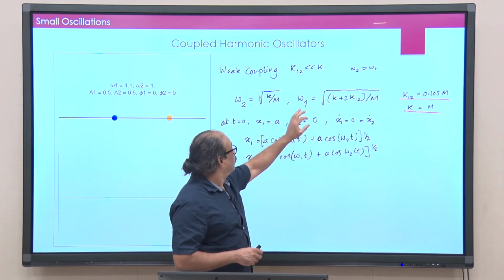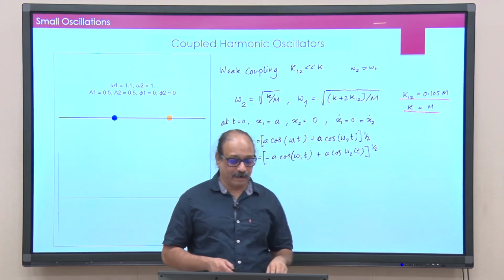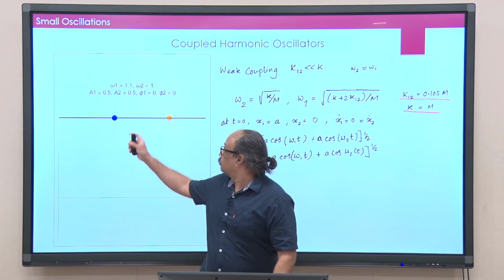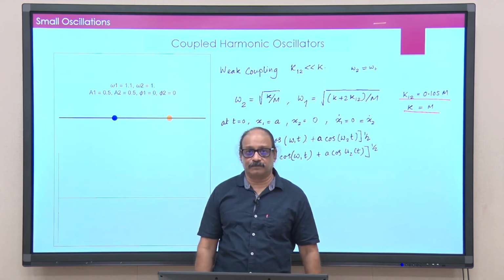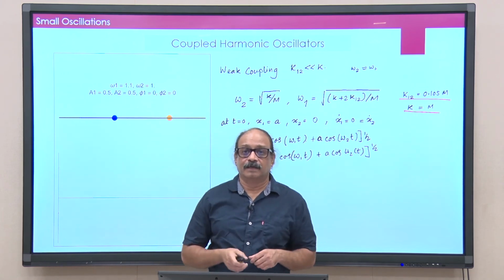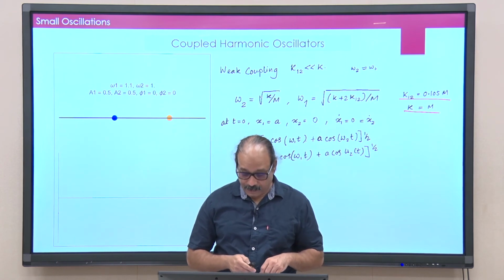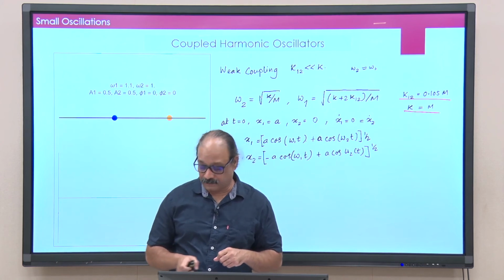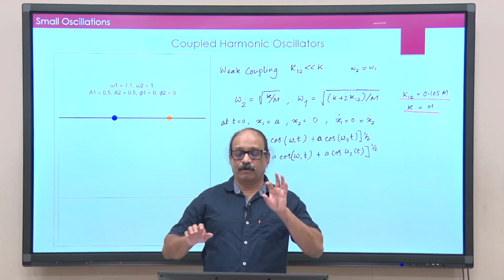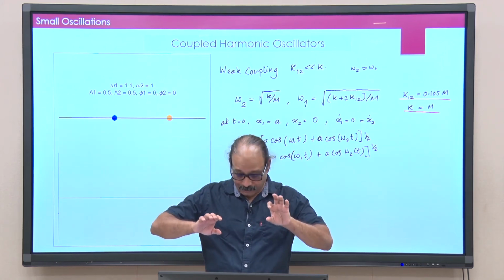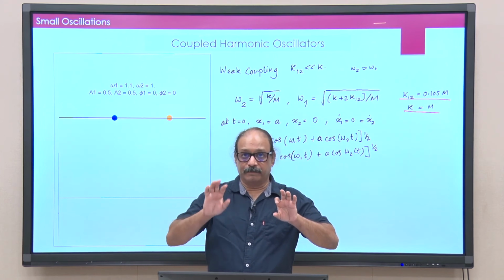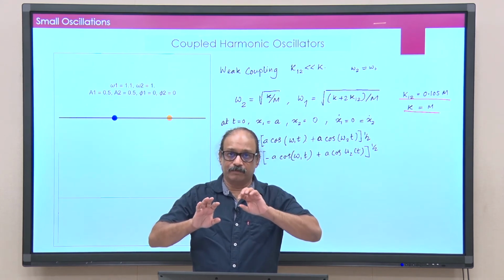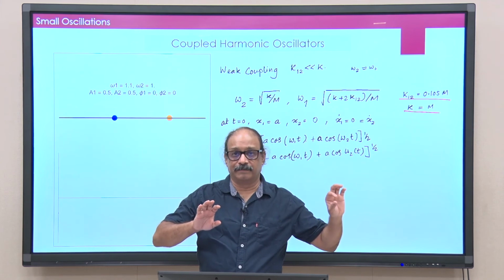In our calculation omega 1 turns out to be 1.1, omega 2 is 1. So, these two frequencies are close to each other. Now I am going to set the initial conditions in the following way. I will hold bob number 2 in its place and move bob number 1 by some distance.